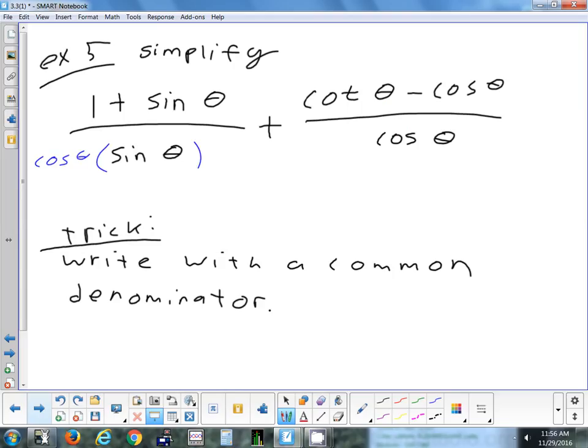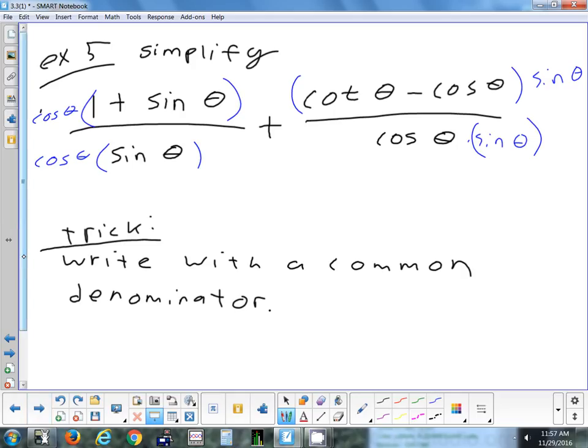And if you do it on the bottom, you got to do it on the top. What's the second denominator missing? Sine. And if you do it on the bottom, you have to do it on the top. Okay, and it looks like it's going to be kind of messy, but there's actually quite a big part of it that's just going to disappear.